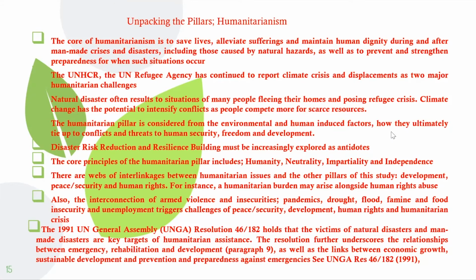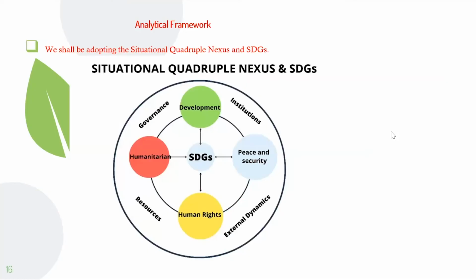Now, with respect to the analytical framework, this arrangement is a diagram applied to the purpose of this course, which I adapted from my submission to the ECA in evaluating the quadruple nexus in West and Central Africa.